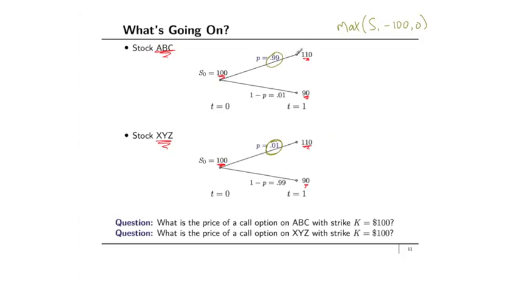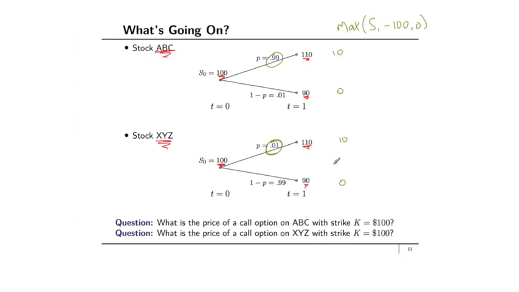After all, the probability of going up is much higher. The payoff of a call option will be $10 and $0 in each case. But with probability 0.99, I get the $10 here, and with probability 0.01, I get $10 here. So it looks like owning a call option here should be a lot more valuable than owning a call option on stock XYZ. But that is not the case.